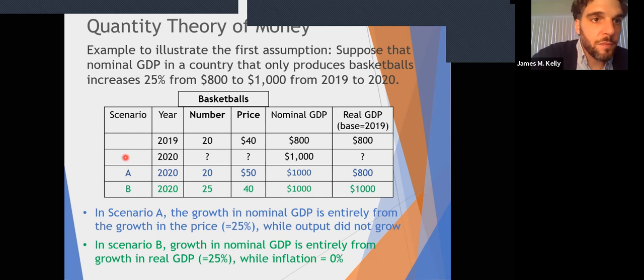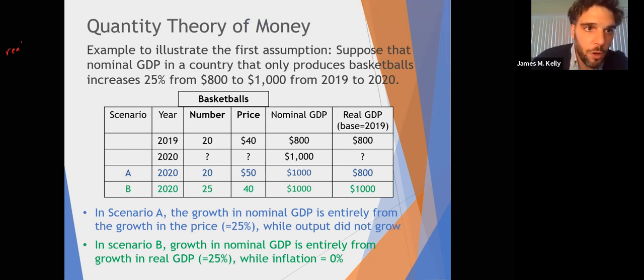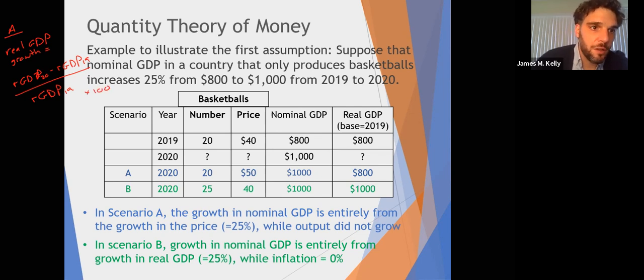let's do scenario A first. Real GDP growth is going to be equal to real GDP in 2020 minus real GDP in 2019, over real GDP in 2019, times 100 to get a percentage.